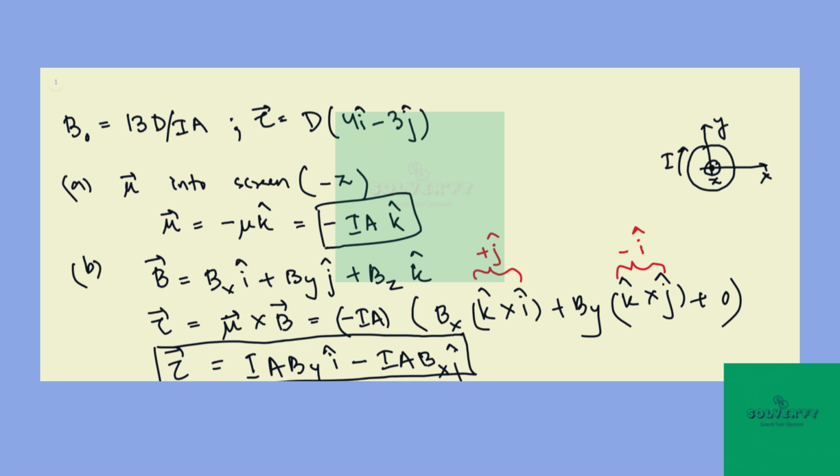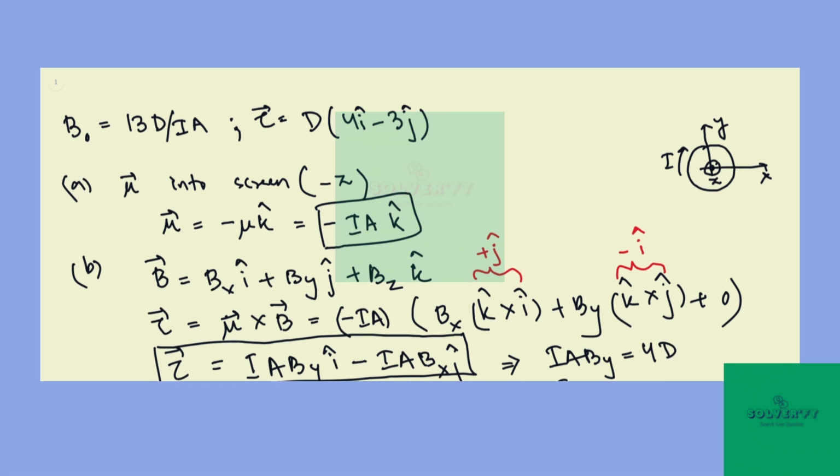Now we can compare this expression to the one we are given over here. And comparing this, we basically compare the components. So the component along the x direction should be compared with the expression given. So IA By should be equal to 4D, and we do the same for the y component.